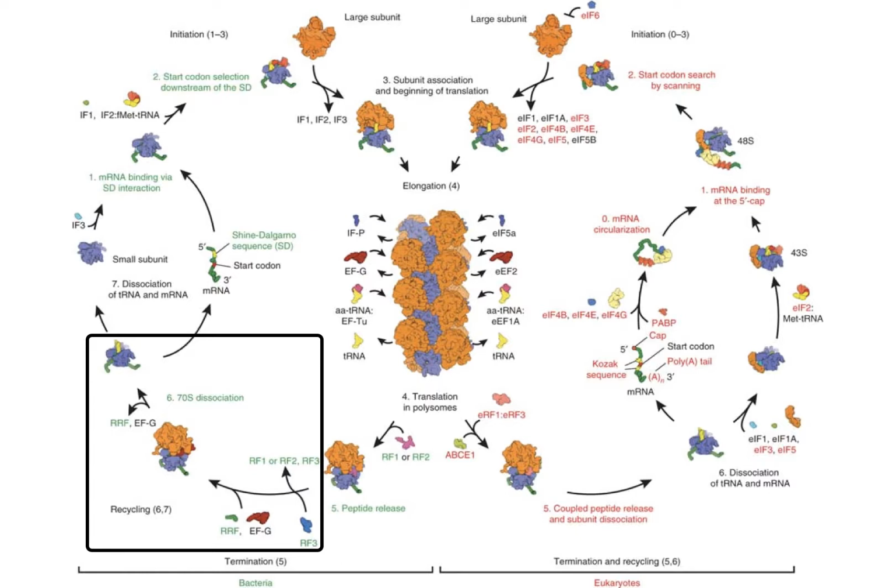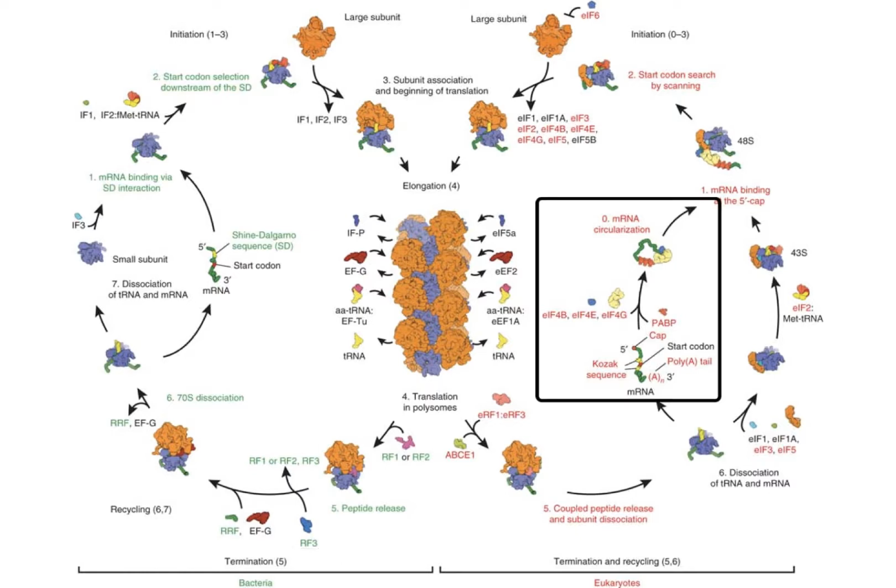The initiation in eukaryotes is a bit different in that you don't have a Shine-Dalgarno sequence, you have a Kozak sequence, which causes circularization of the mRNA, which signals that that mRNA is ready to be translated.